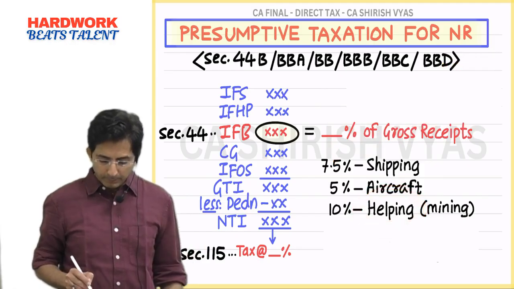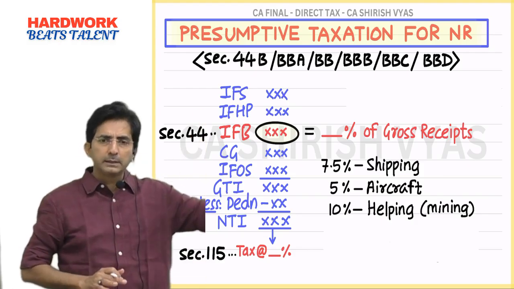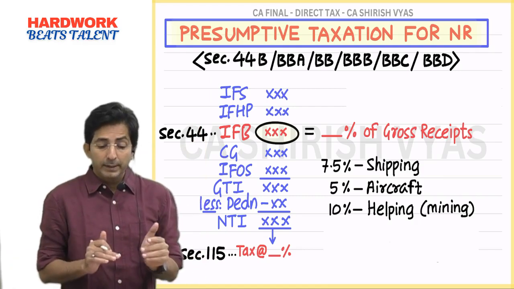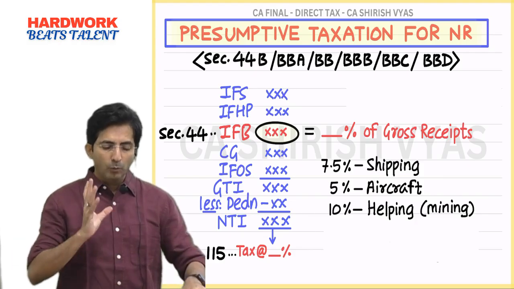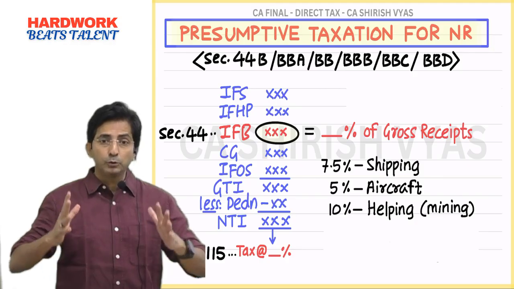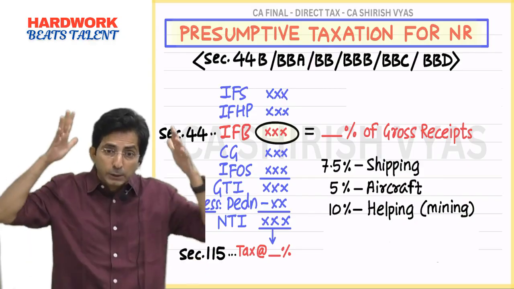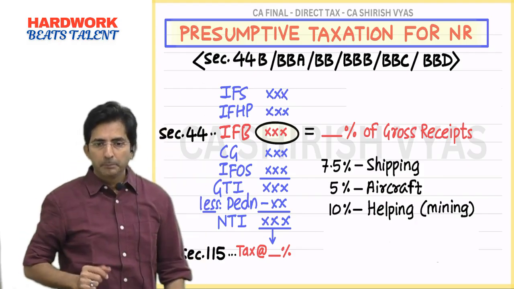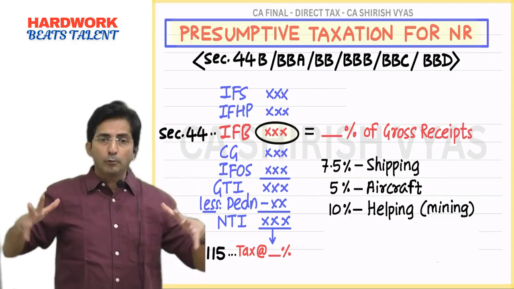Okay. Now imagine some foreign people, some non-resident, are helping the power business of India. Just the way they were helping the mining business, now they are helping the power business. You know what help the power business requires? Power generation requires a huge plant and machinery setup. That plant and machinery installation work is handled by NRs, because Indians are not equipped to install the whole plant of power generation.